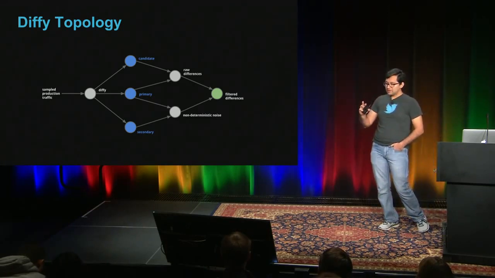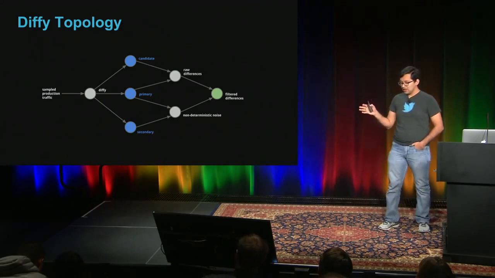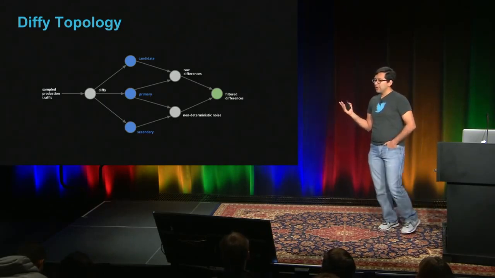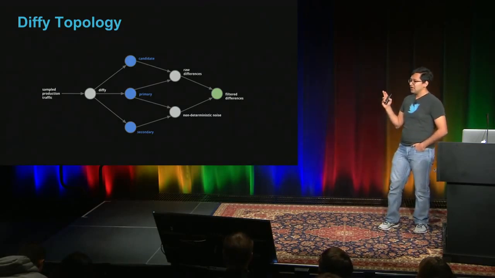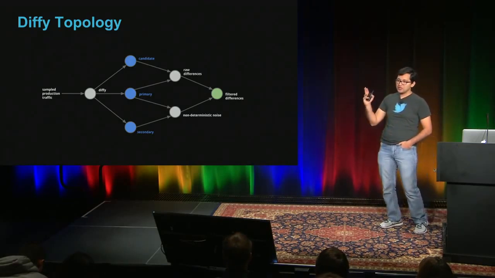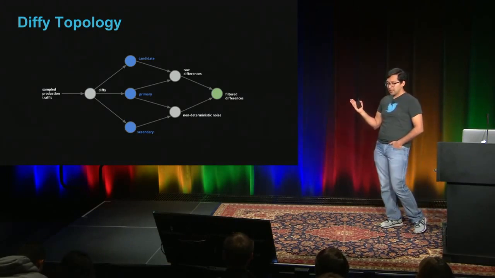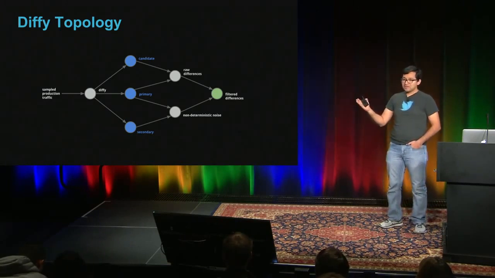Then, when the traffic hits these instances, and we get the responses back, we do a comparison between the candidate and primary. So that's a comparison between the new code and the old code, which gives us a raw set of differences, right? And then this raw set of differences has a lot of noise in it, right?